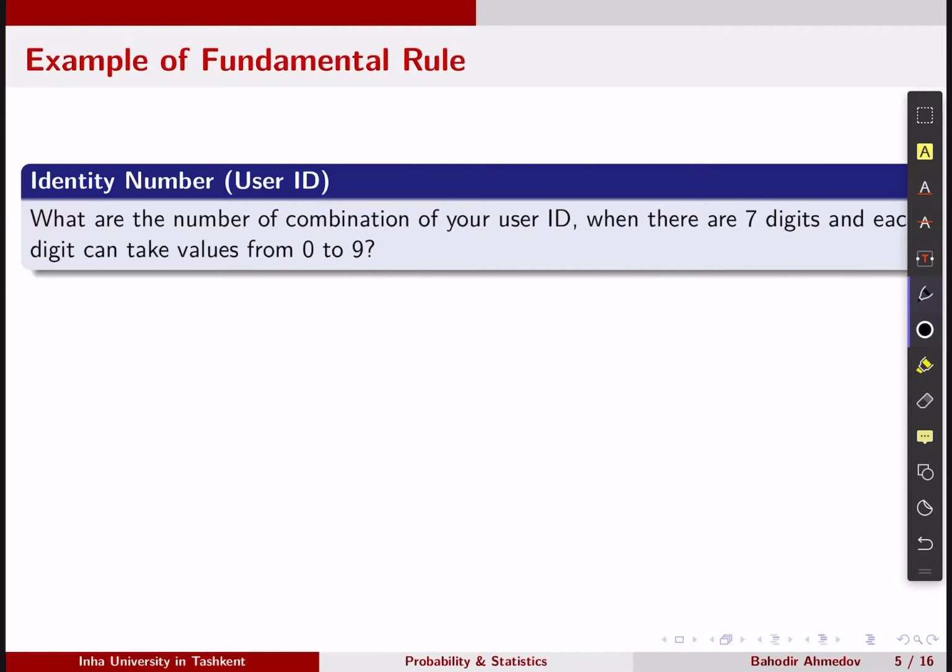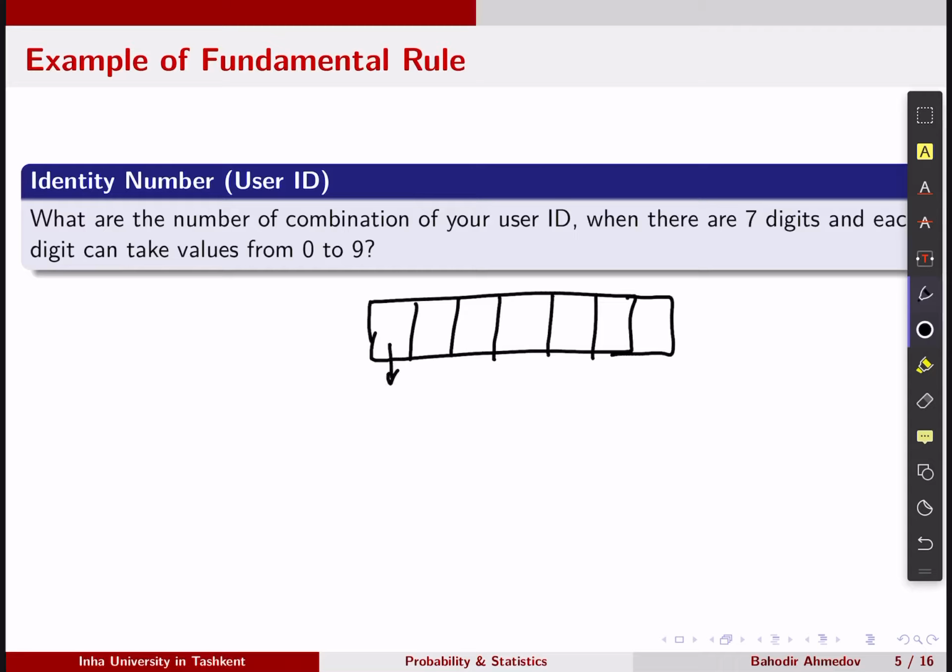Let's say the ID numbers. Your ID numbers have 7 digits. Let me draw this: 1, 2, 3, 4, 5, 6, 7. I always like to draw the boxes. Now every box can contain the digits from 0 to 9. How many digits? 10 digits.